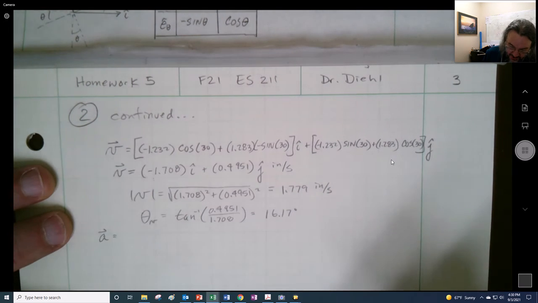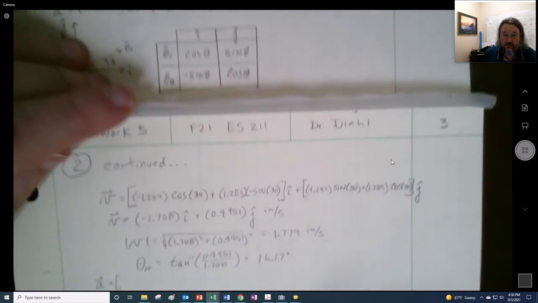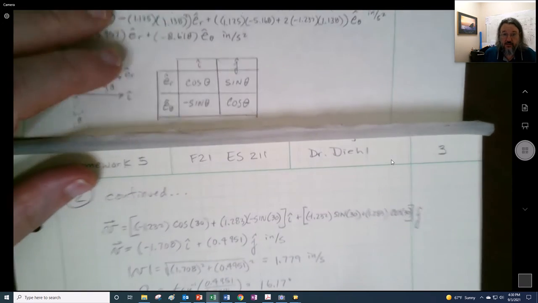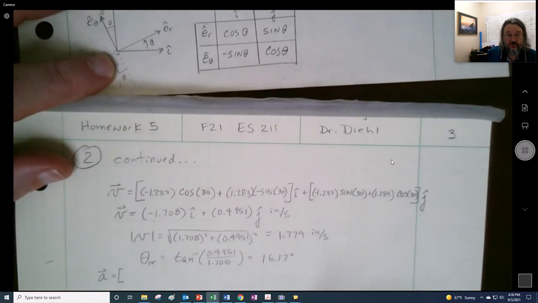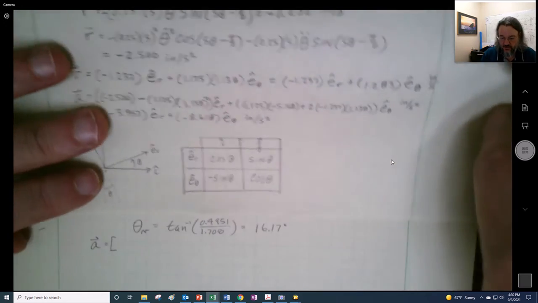The acceleration here, we want to do pretty much the identical thing. We're going to take this acceleration. I can cover this up, right? That's what I can do.